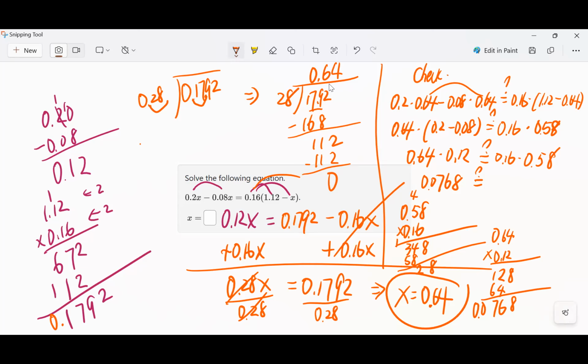1.12 minus 0.64. Oh yeah, it's 0.48. My bad. That's it. Yeah, this is actually 0.48. Right. So we do this quickly.